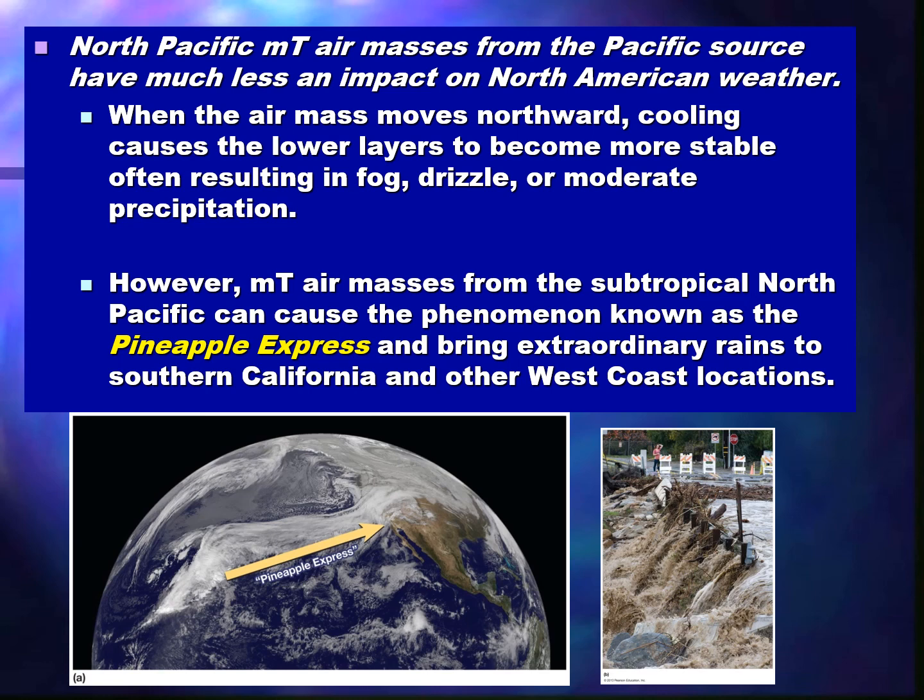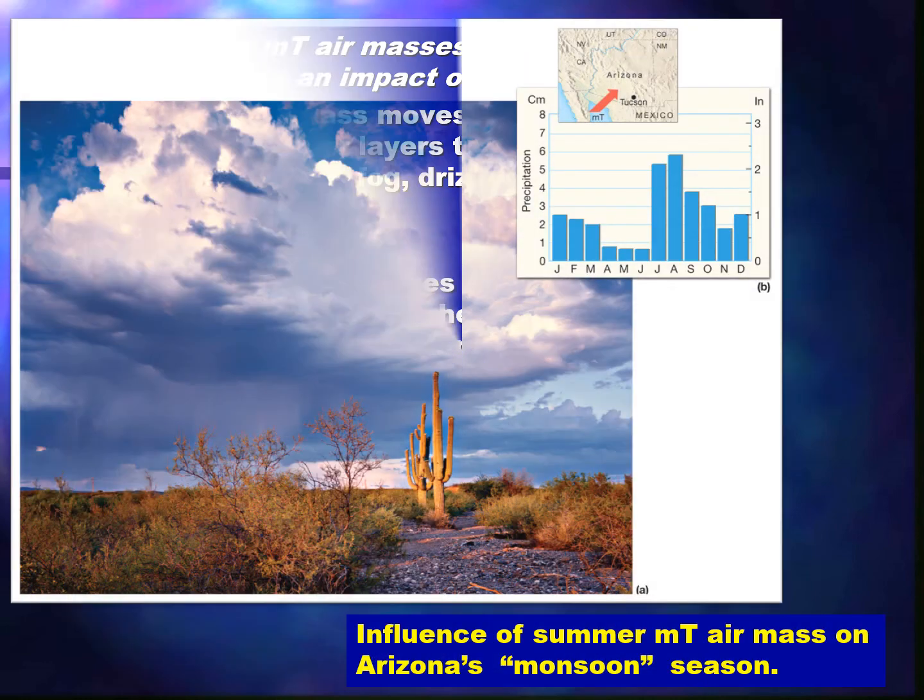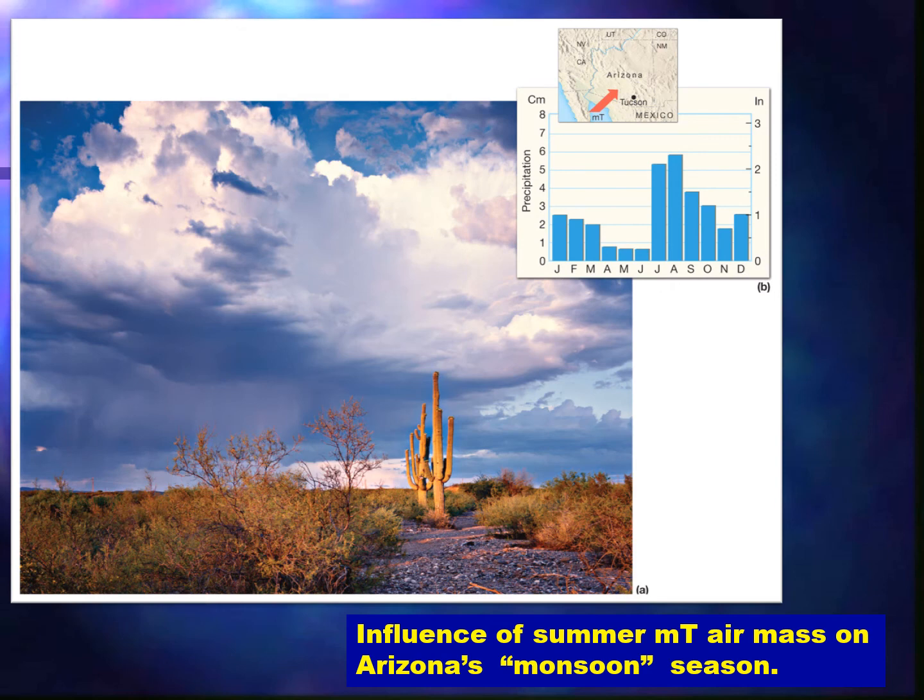Subtropical Northern Pacific Ocean maritime tropical air mass. Aha, we're finally going to talk about Arizona's monsoon season. So Arizona has a monsoon season, just like the continent of India and Southeast Asia have a monsoon season. And the monsoon isn't just the wet monsoon, although that's what everybody thinks. There's a wet monsoon and a dry monsoon. And you see here that, yes, Arizona is, well, it's dry. It's basically a desert.